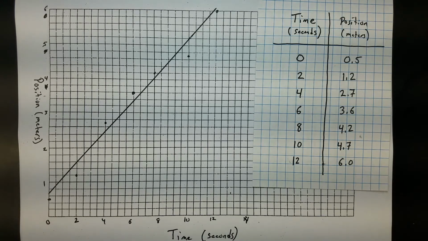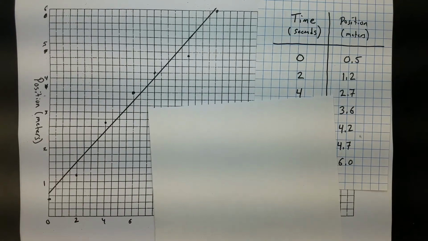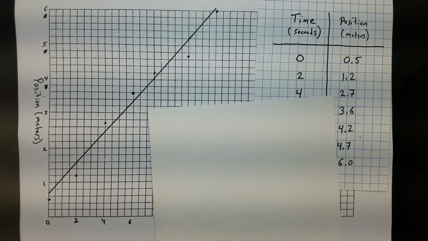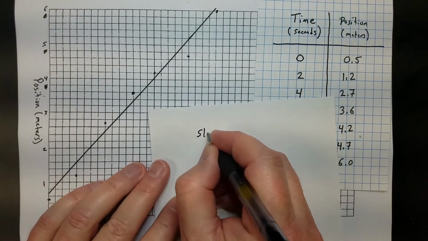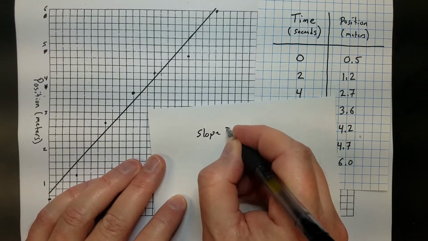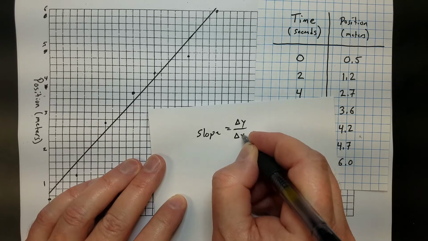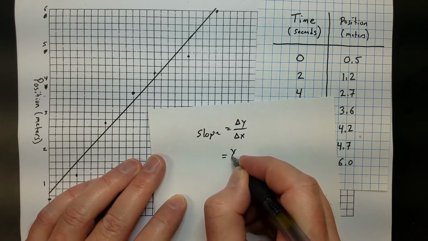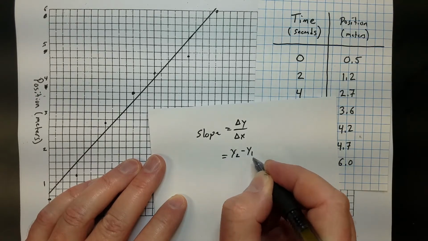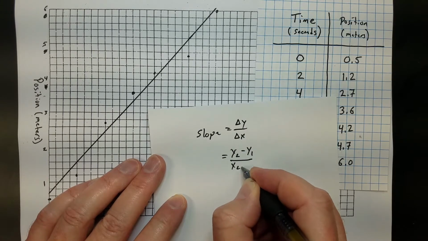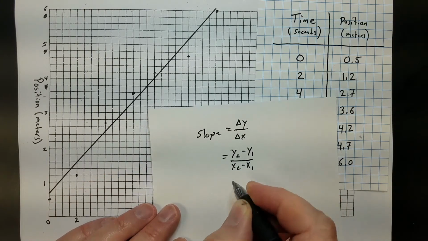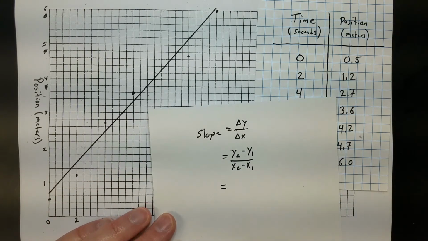So to determine the slope, we want to talk about the change in y over the change in x. All right, to determine the slope, we're going to do the change in y over the change in x, which really just means y2 minus y1 over x2 minus x1. Well, we need 2 data points for that.